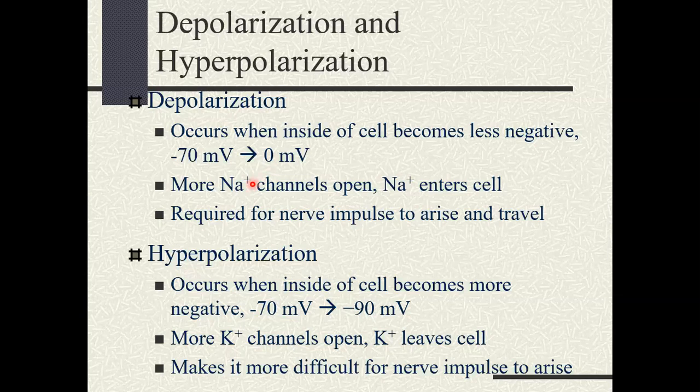So instead of negative 70, we're going to get closer to negative 90. That means more potassium channels are going to be open, more potassium leaves the cell, making us even more negative. When that occurs, it's going to become even more difficult for a stimulus to then start that depolarization, because instead of having to reach negative 70, we're having to get all the way down to negative 90.